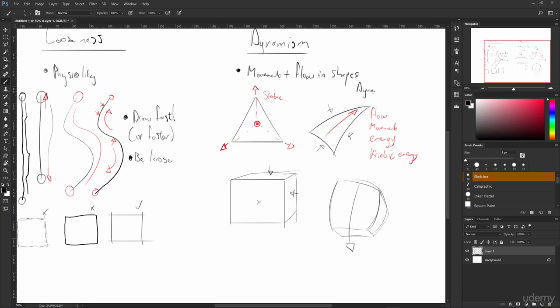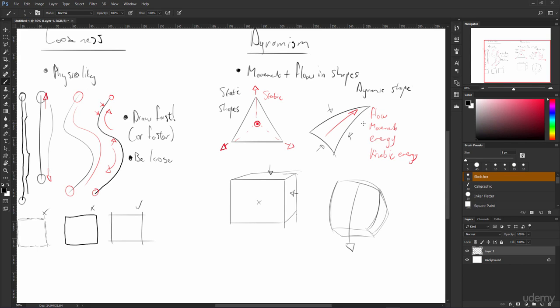So let's just write here dynamic shapes and static shapes. The idea is that you want to make sure in your art 99% of the time you're working with dynamic shapes all the time. Now, obviously this will differ if you're doing a direct front view of a car, for example. You'll still want dynamic shapes, but they're going to be mirrored left to right.